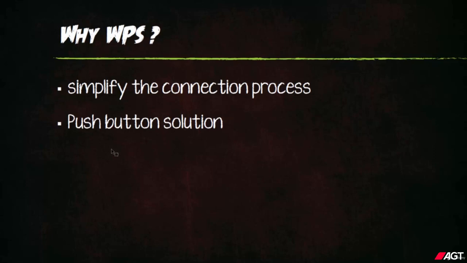The second important reason why people use WPS is the push button solution. If you want to connect to your access point through your smartphone, first you have to select your network, then you have to enter your password, then you can connect to your network. This is the only solution to connect to your network, right? WPS simplifies this method. The routers which support WPS have a push button.